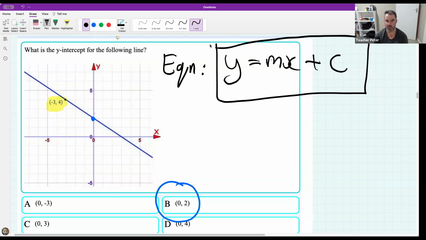You already worked out what the y-intercept was, but you're going to have to work out a little bit something more. So when you've got your answer, just pop it in the chat.